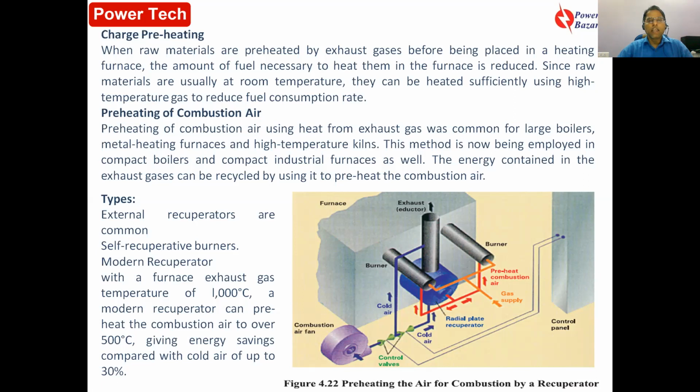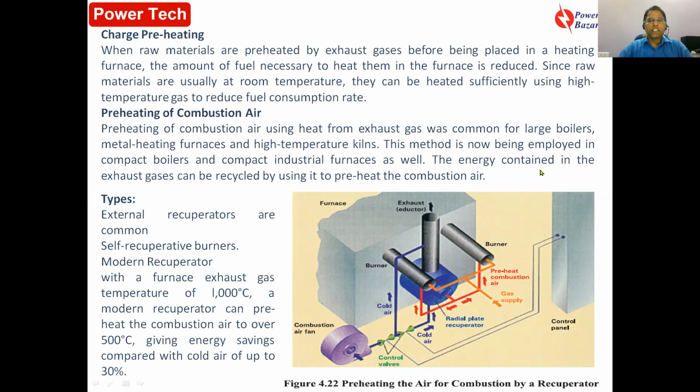Now, if you can heat the combustion air, then automatically the temperature of the combustion air will go up and it will take less fuel. Earlier, preheating of combustion air using heat was common for large boilers, metal heating furnaces, and high temperature kilns. But right now, we are utilizing this method for compact boilers as well as compact industrial furnaces.